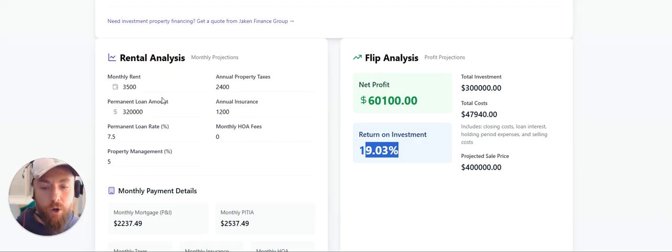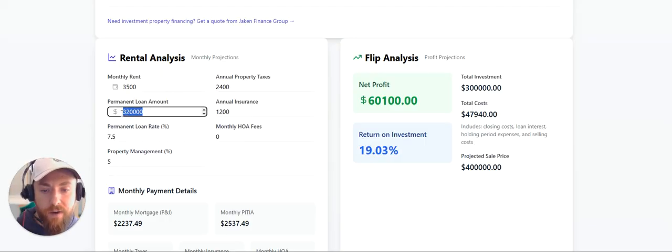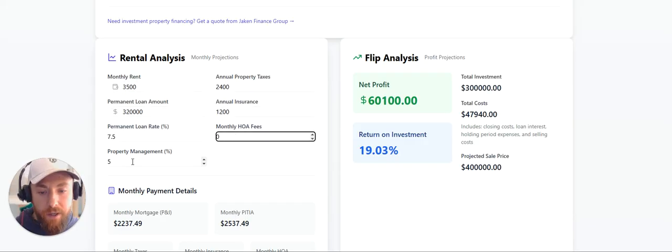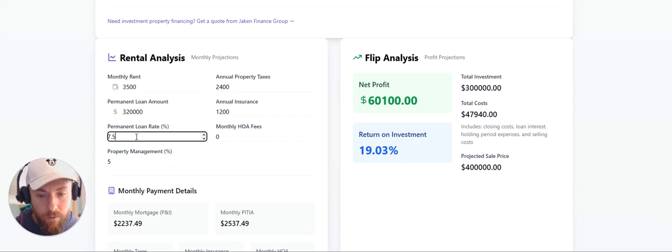As far as the rental goes, again, estimated numbers just based on kind of the loan amount. So we got an 80 LTV loan on the ARV, 3,500 rent, taxes, insurance, no HOA, assuming some property management. Now, permanent loan rate. During the year after COVID, I saw a lot of people, and you can just Google this too, a lot of people are getting hit by the rates not being where they thought.